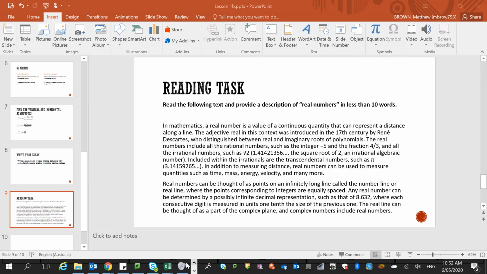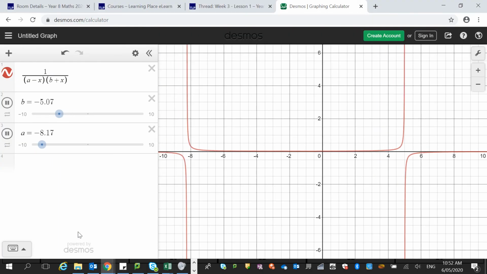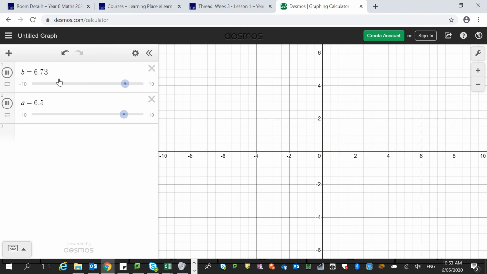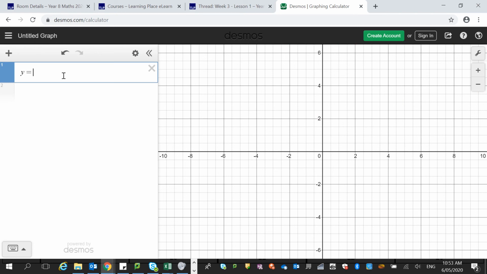What we might do is, because we still have Desmos doing its thing from the last lesson, I might just, let's go away. So y equals ax squared over bx squared.